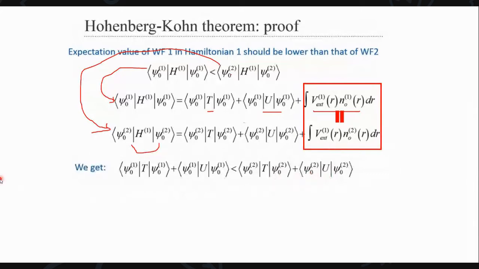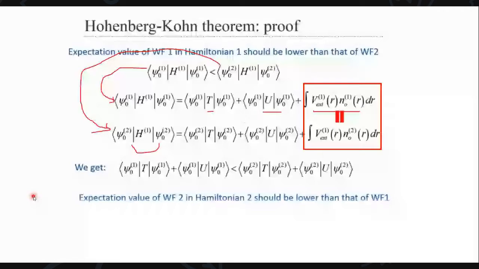If I do the same for Hamiltonian 2, which is associated with the second external potential, and compute this expectation value using its own wave function, then the energy will be lower than that of the expectation value computed with the wave function of the first external potential, because this is not its own wave function.